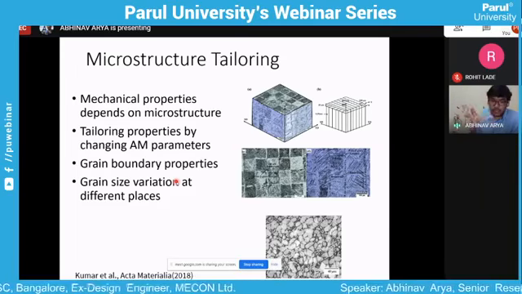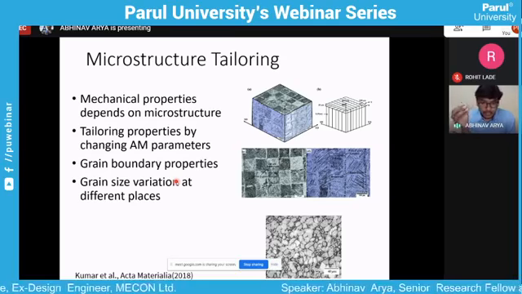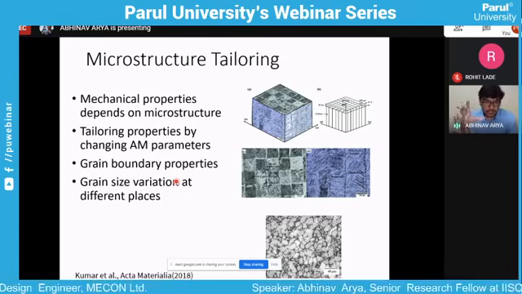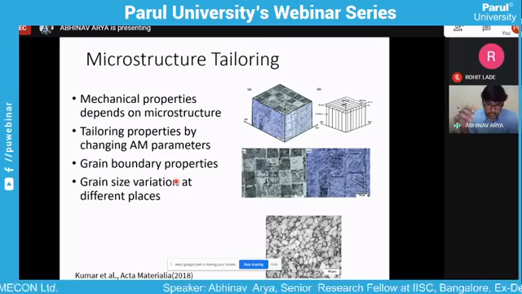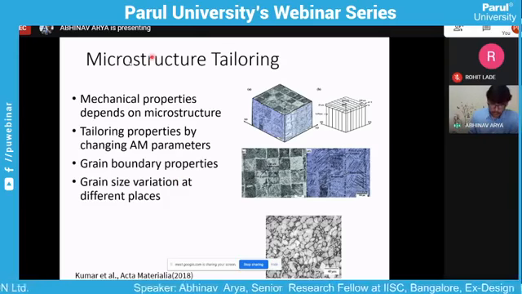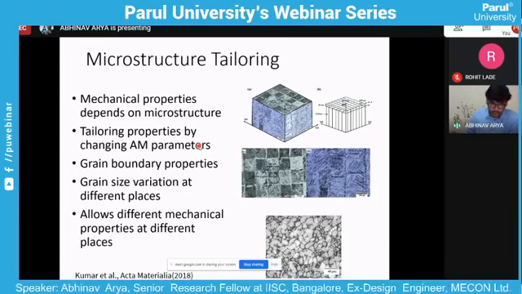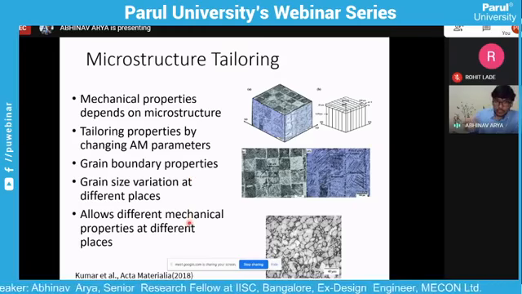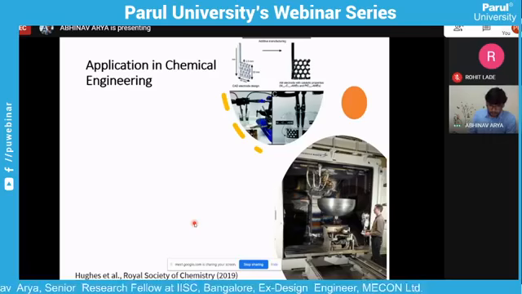If we need a material with different properties at different places, for example a very fine microstructure at the outer layer and a coarse microstructure in the inner layer, we can play with these AM parameters and get that. Therefore it allows us to get different mechanical properties at different places.